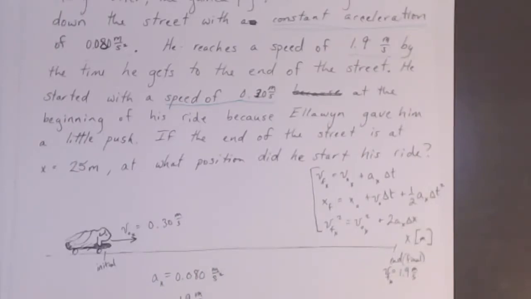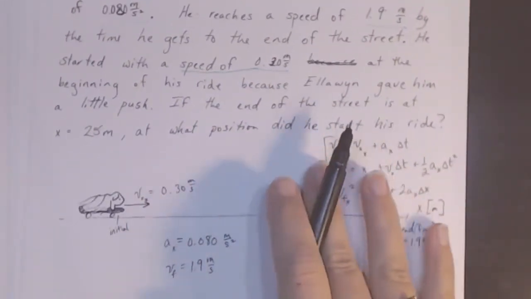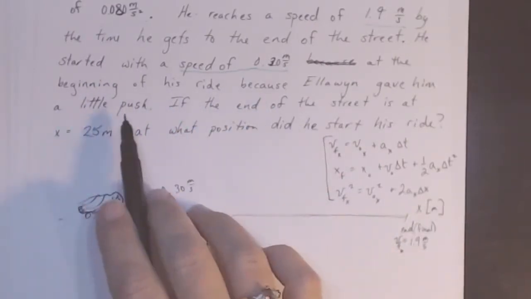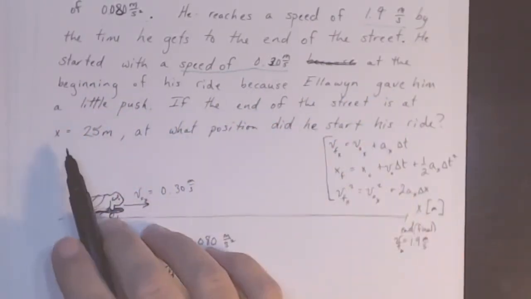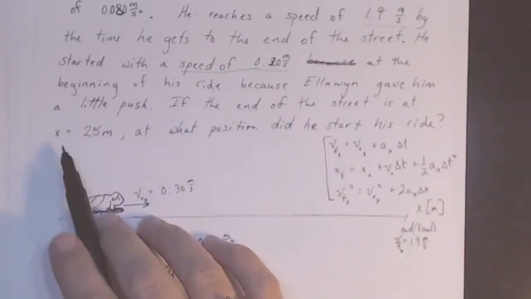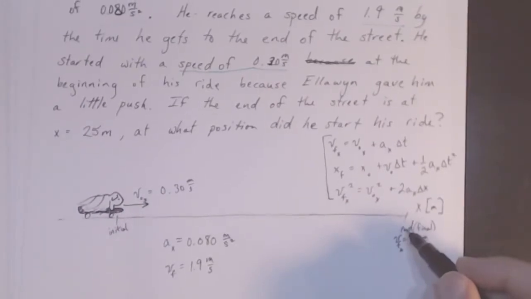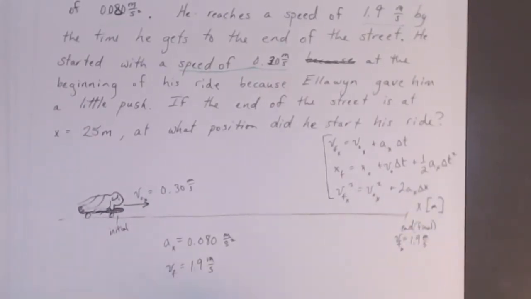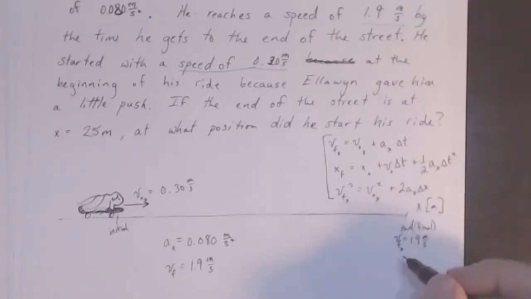And then the next thing in my word problem that's numeric given is that the end of the street is at 25 meters. So this is the end of the street, and it's a location in this reference frame.